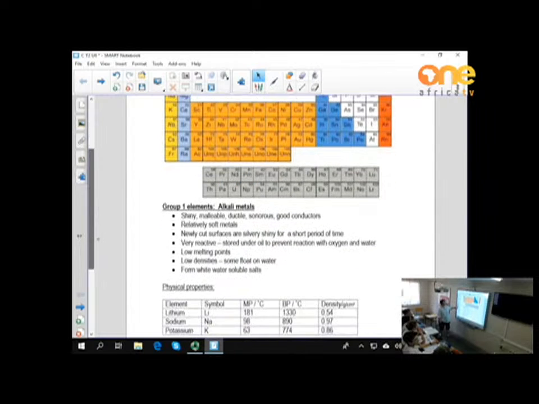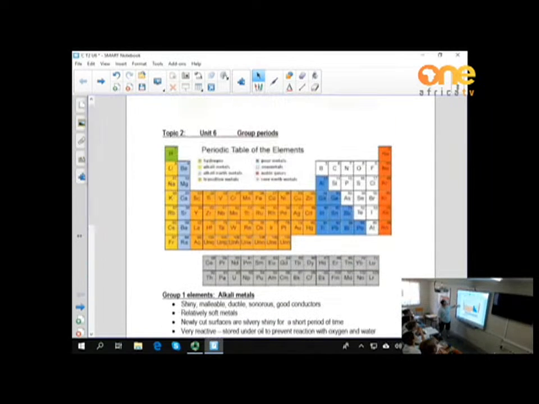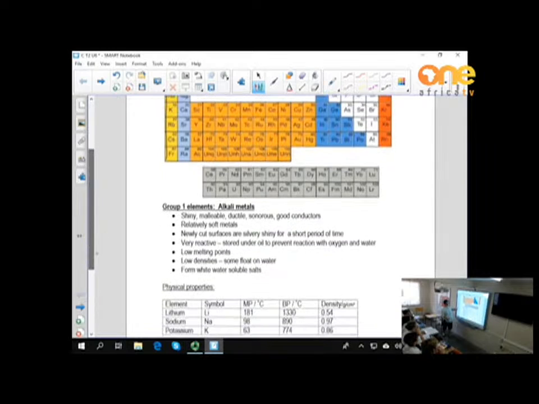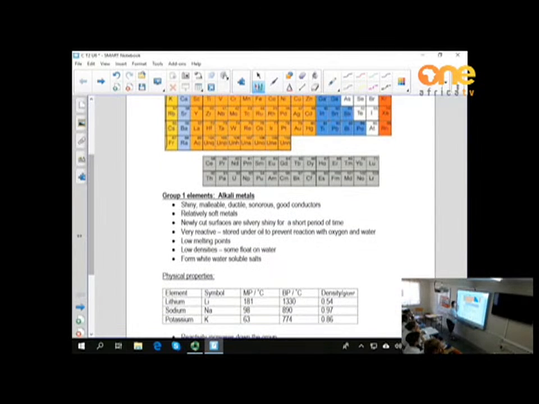If we look at group 1 elements, except for hydrogen, all of the others are metals. Okay? So group 1, they are commonly known as the alkali metals.